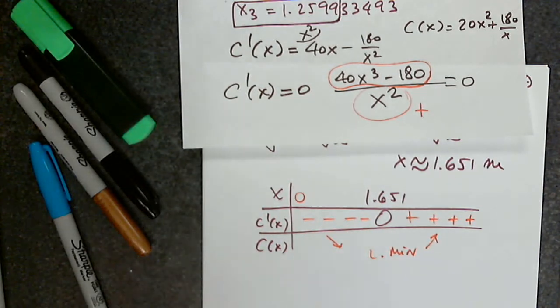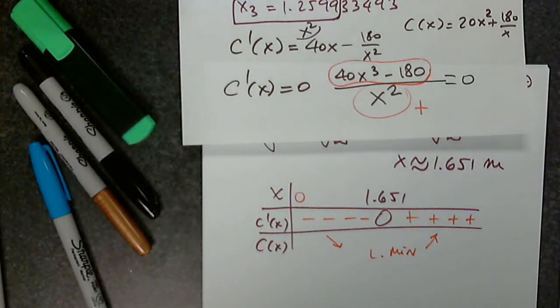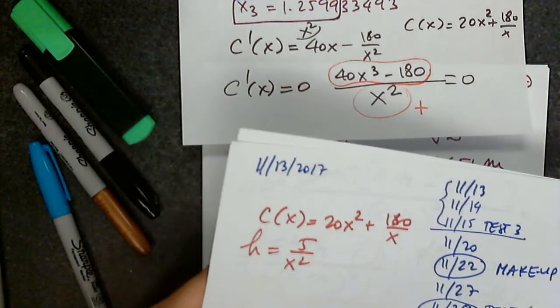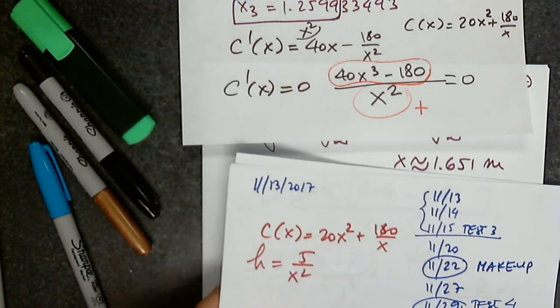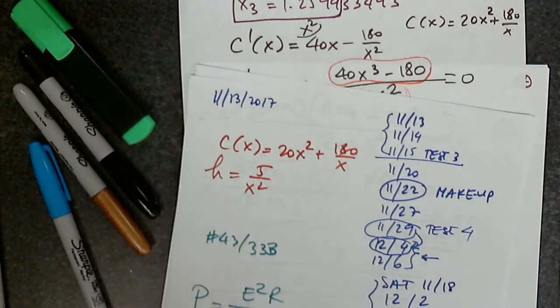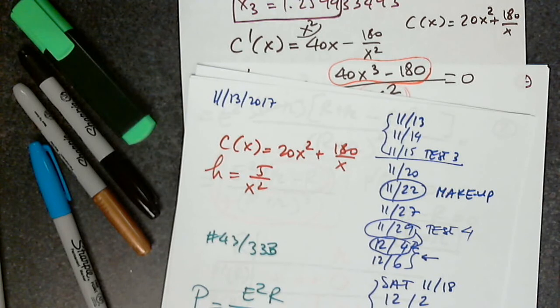Now, if I want to determine the local minimum, I have to go back to the function, the cost function, which was this, and plug in 1.651. So I want 20 multiplied by the previous answer squared minus 180.